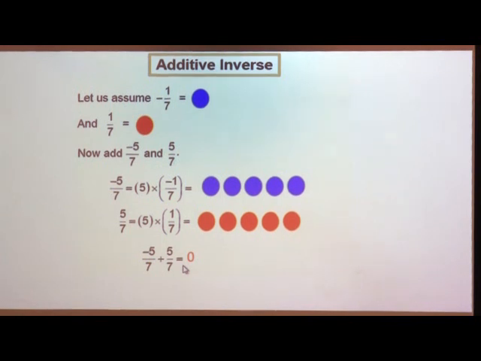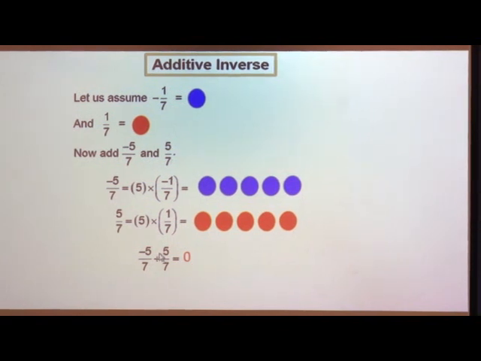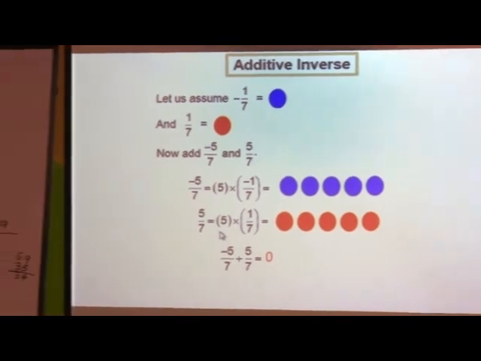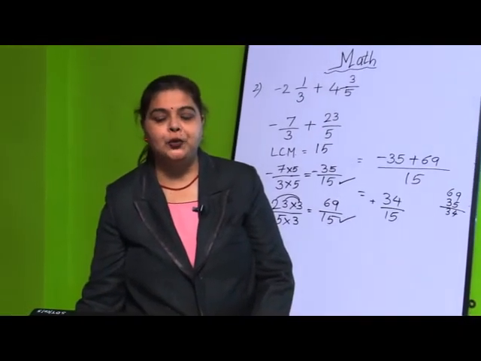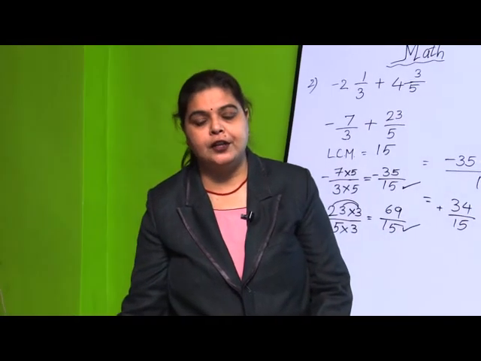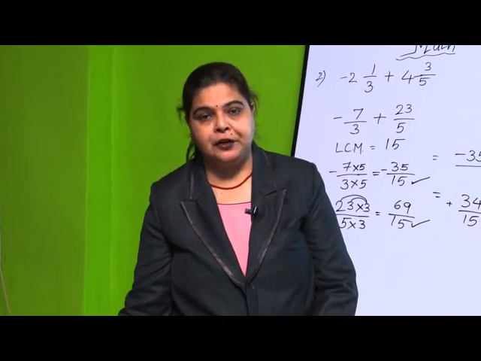In this way, we found with an activity what the additive inverse of a given rational number is. So you can write your own rational numbers and find the additive inverse of the given rational number by an activity also.